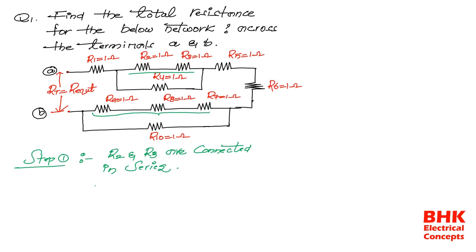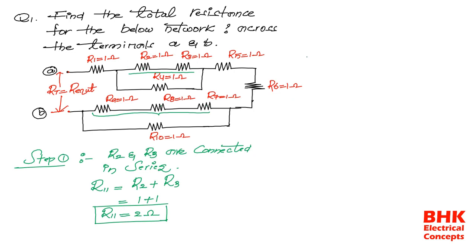R10 is the last value, and for simplicity, since we don't know the combination of R2 and R3 exactly, I'm giving the new resistance the name R11. So R11 is equal to R2 plus R3. The value of R2 is 1 ohm plus R3 is also 1 ohm, so the new resistance R11 is equal to 2 ohms. This is the value of this combination: the series combination of R2 and R3 gives 2 ohms.